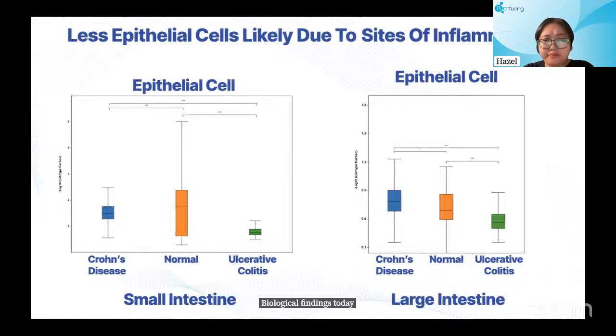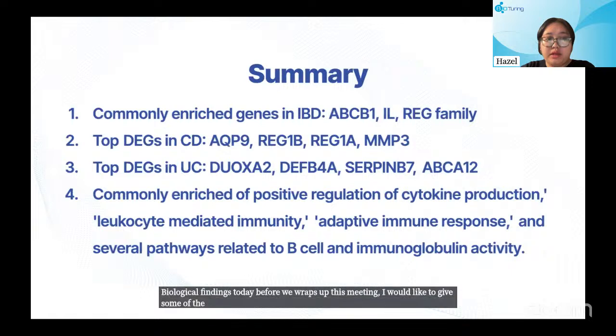Before we wrap up this meeting, I would like to give a summary. Today we used bulk analytic data, a combined data set, and performed a very straightforward experimental flow.